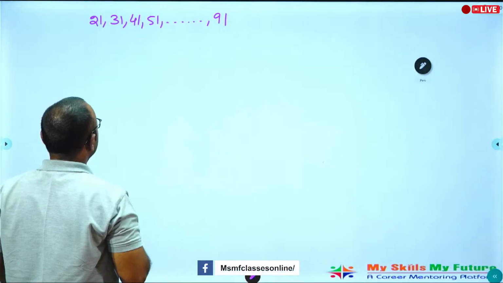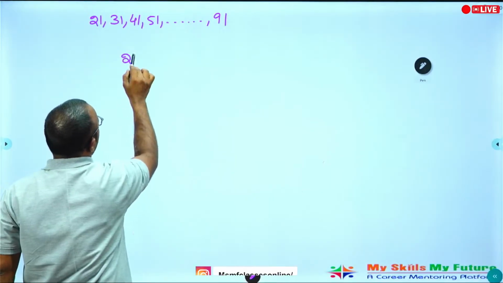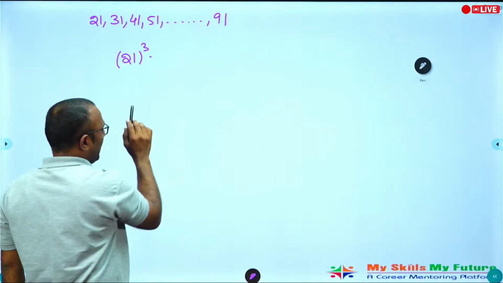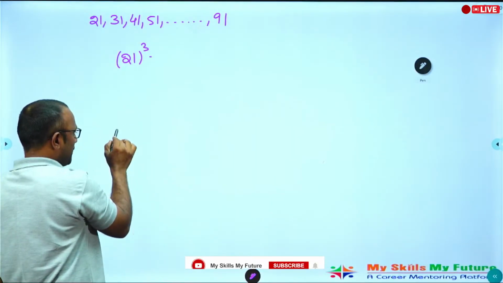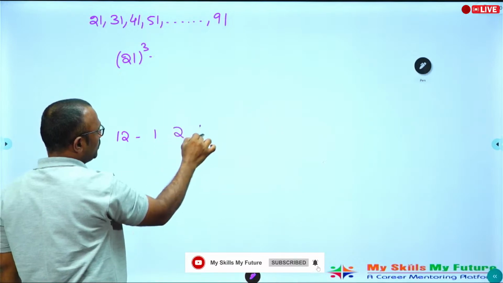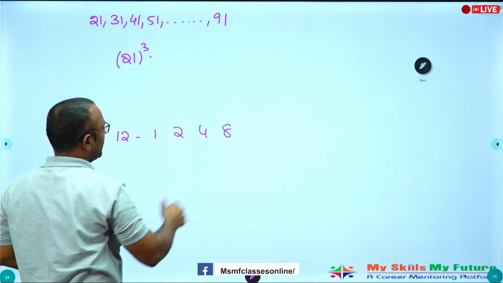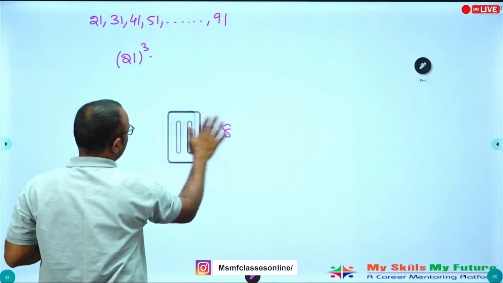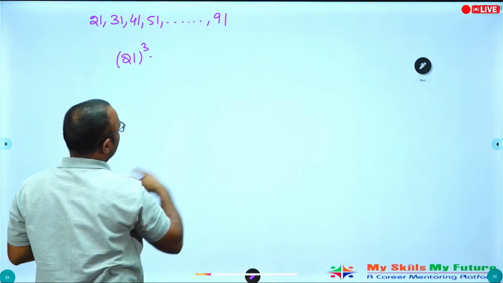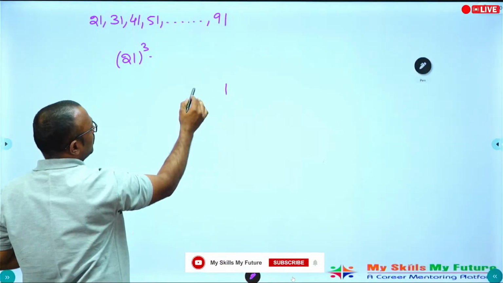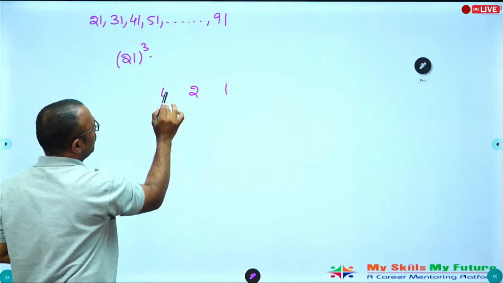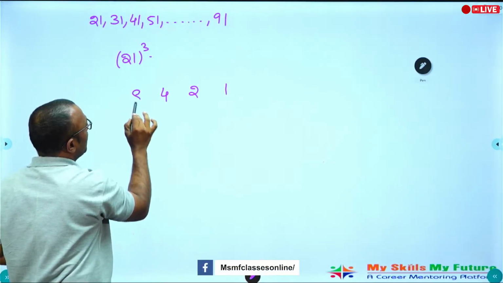So I am selecting 21 here. 21 cube. If the number ends with 1, start from the right side. So write 1, 2, 2 square is 4, 2 cube is 8.